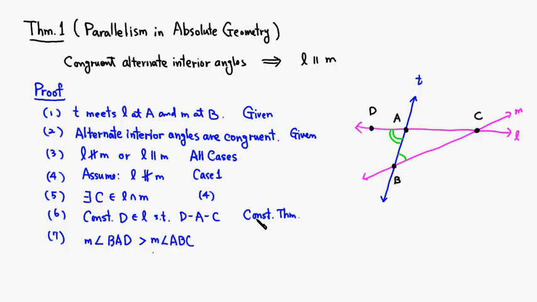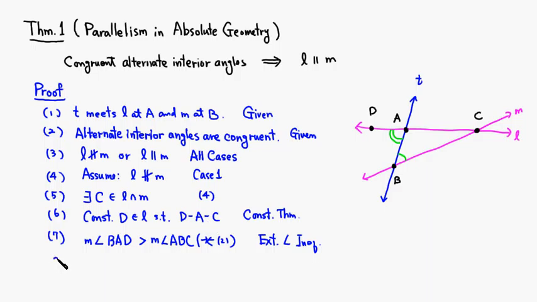This is by the exterior angle inequality. But this is actually a contradiction, because those two angles are alternate interior angles. So this contradicts line number 2.